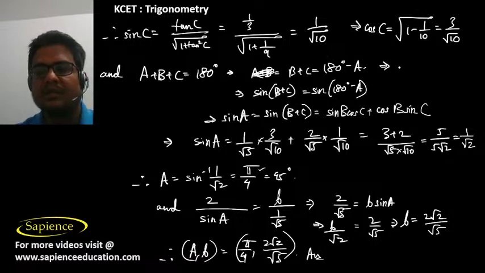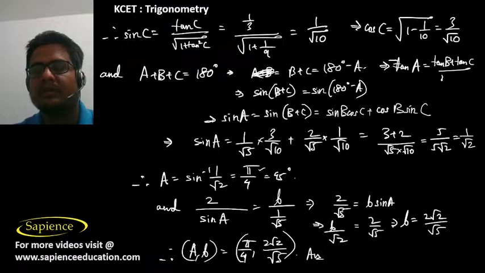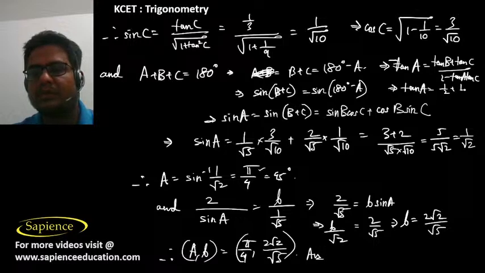So if we apply tan here, then tan 180 minus theta is equal to minus tan theta. So minus tan A should be equal to tan B plus tan C by 1 minus tan B tan C. So it means that tan A should be equal to 1 by 2 plus 1 by 3 by 1 minus 1 by 6, and that is minus of this. So which is less than 0.